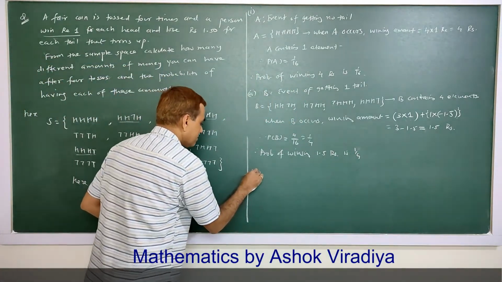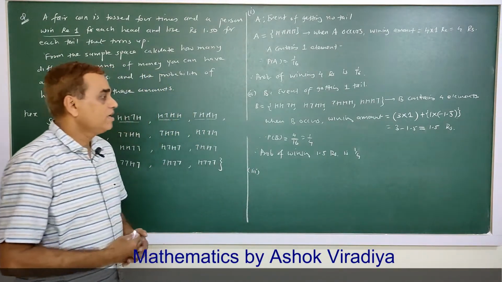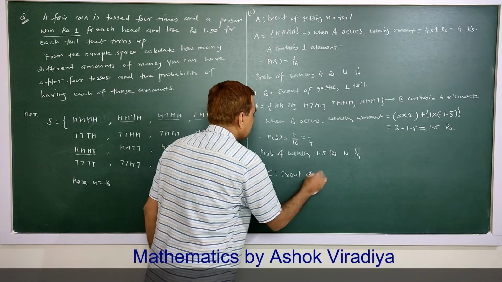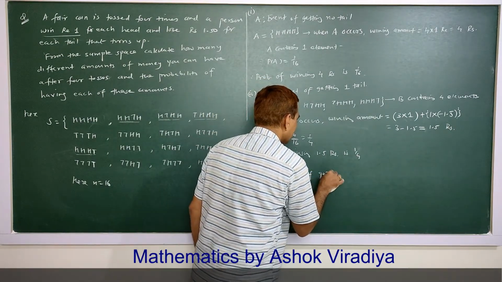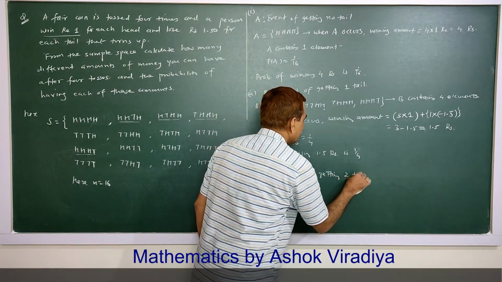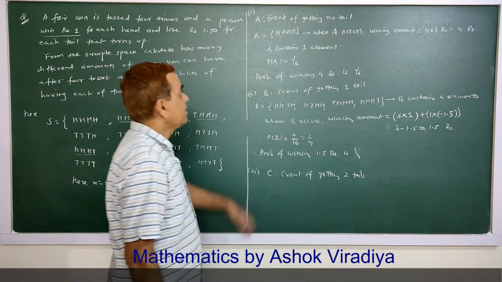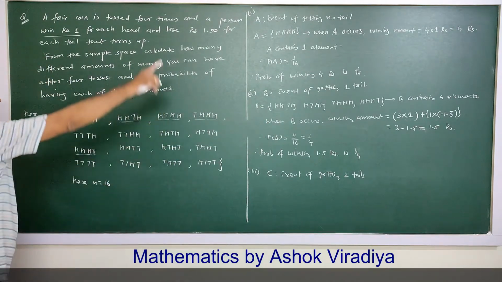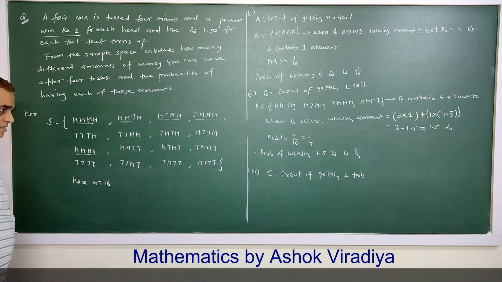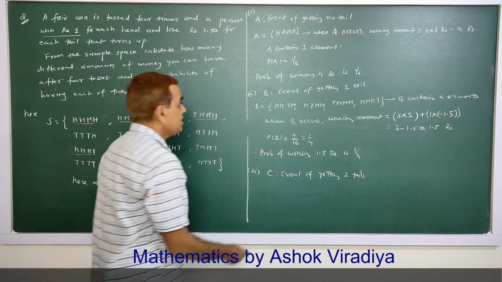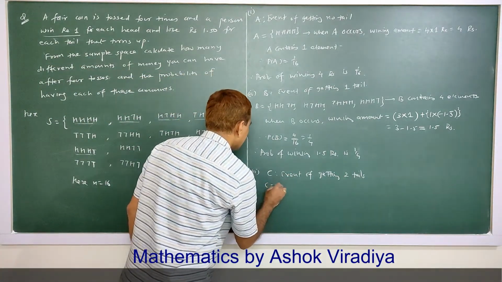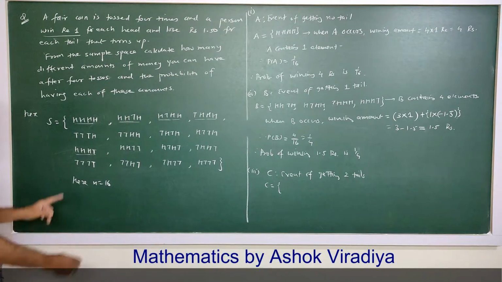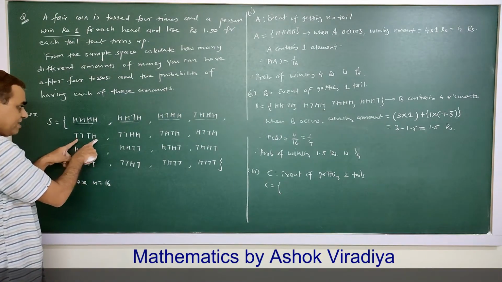Then third, let me say C is the event of getting 2 tails. Here no tail, 1 tail, now 2 tails. In no tail this is taken. Now C is the event; let me put the elements with 2 tails.